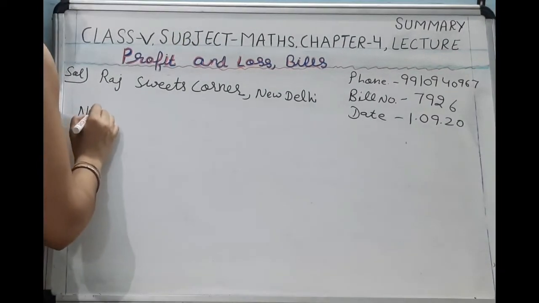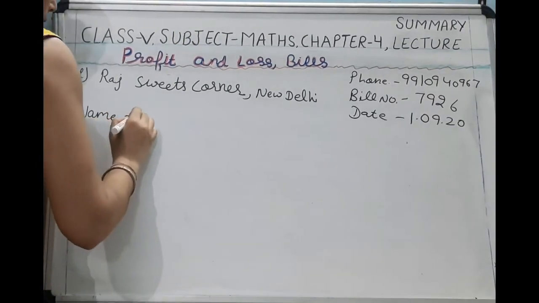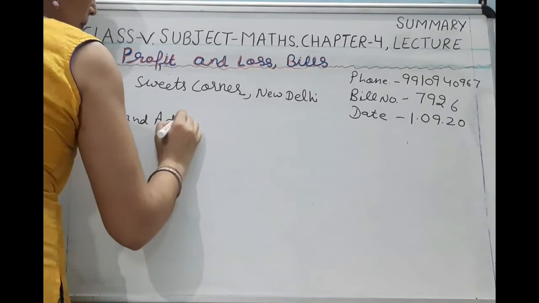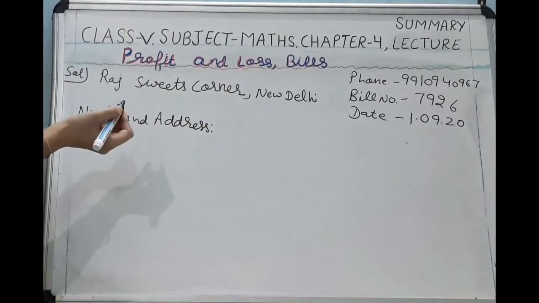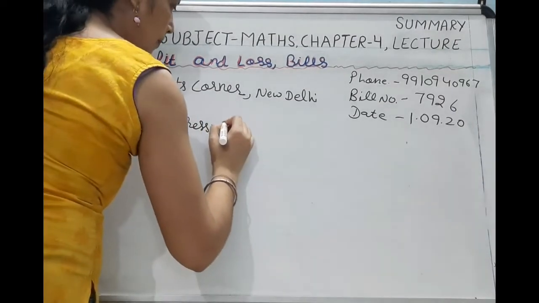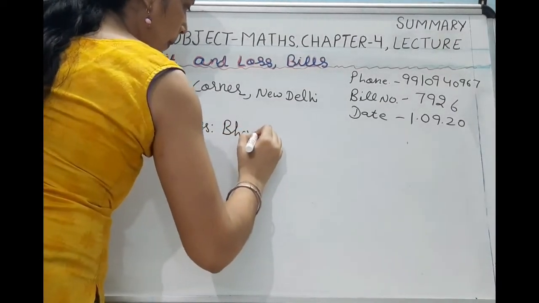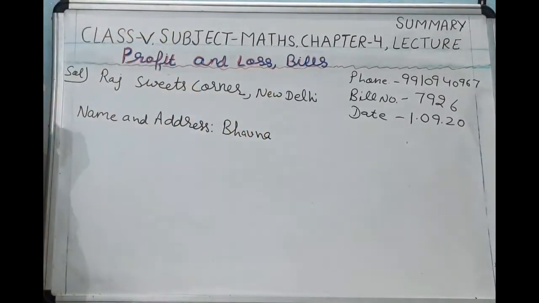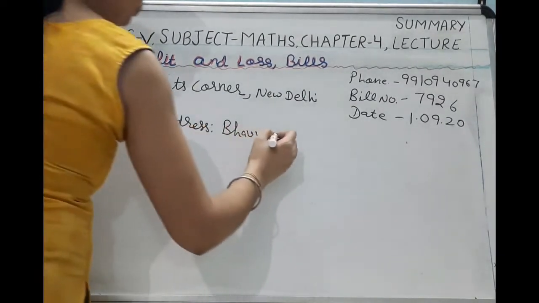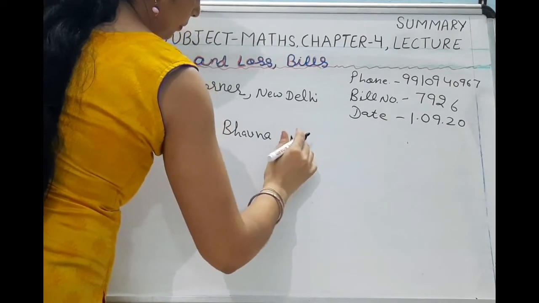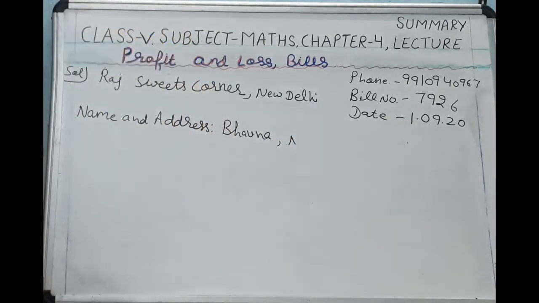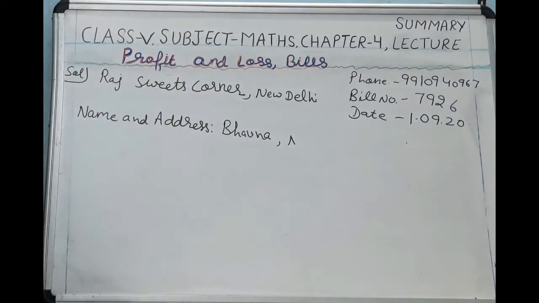Name and address of customer. I went. Question was I went. तो अपना name and address लिखना. And here you will write down New Delhi or Pataudi or Gurgaon, whatever you want, you can write down.